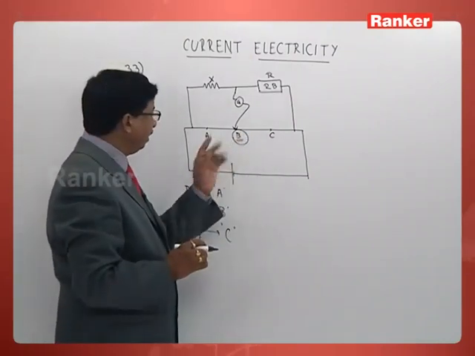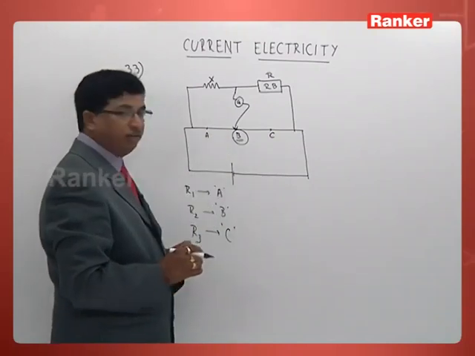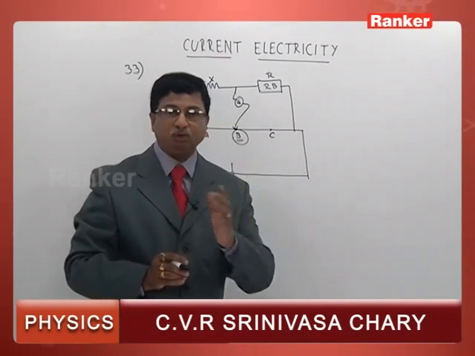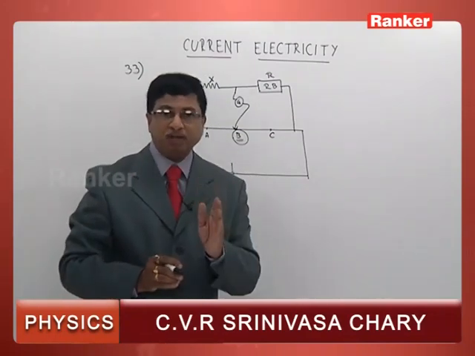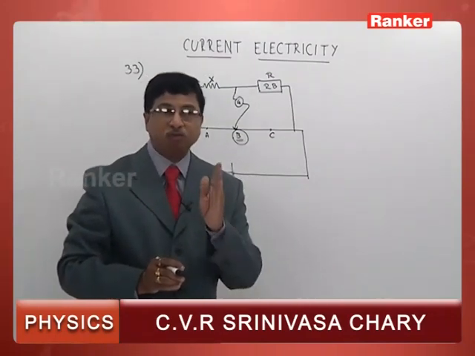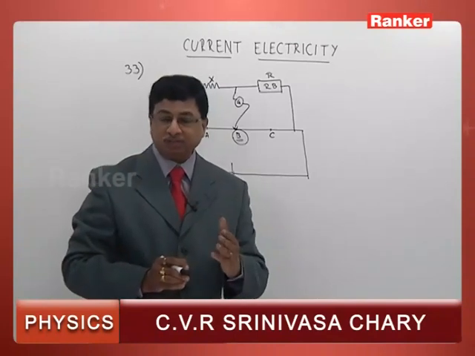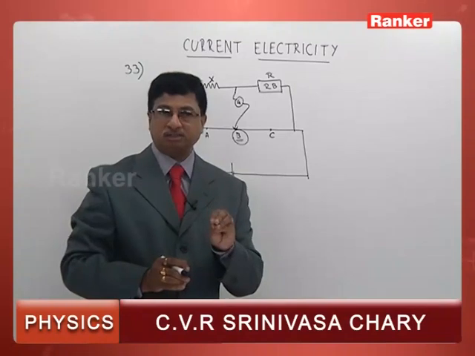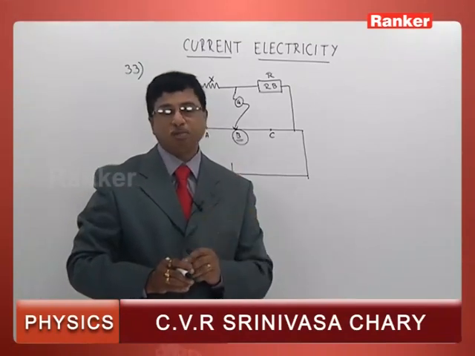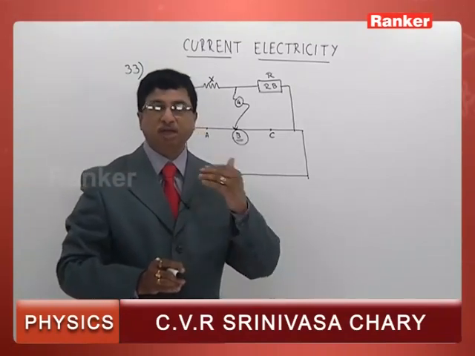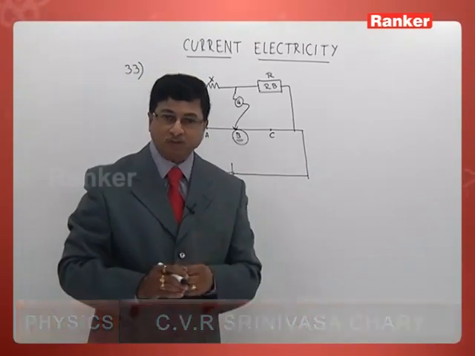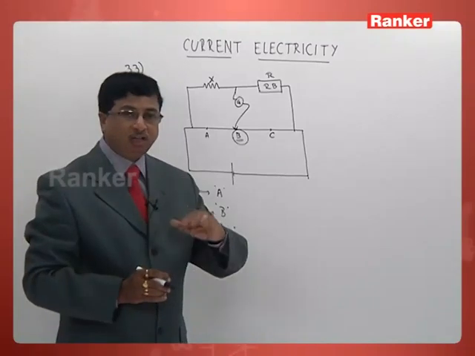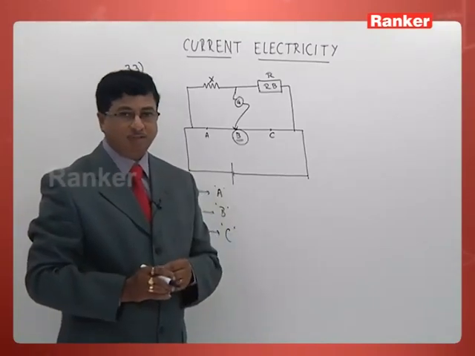So you should understand, when the balance point in the meter bridge experiment is very close to the midpoint of the wire of length 1 meter, that means very close to the 50th centimeter, then the accuracy is going to be the maximum.